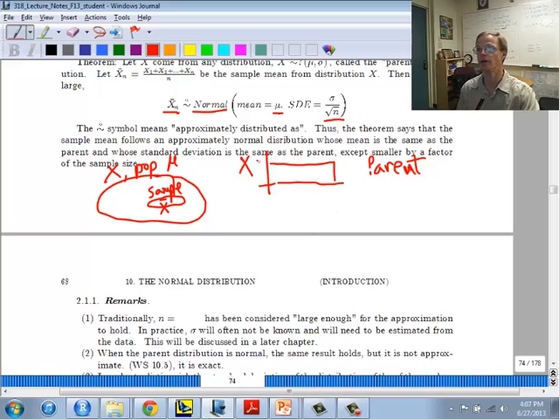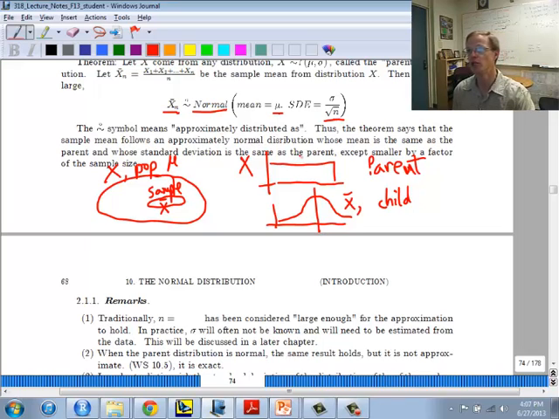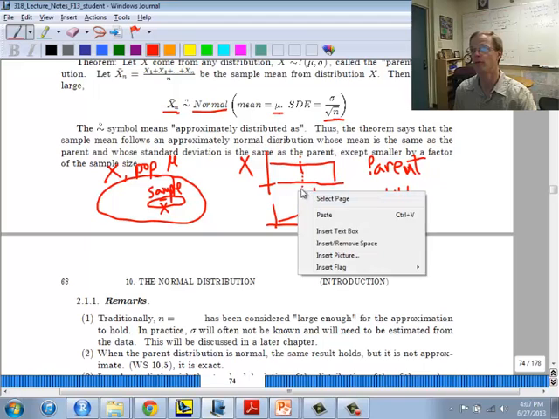Now the child of this distribution, when I look at its means, goes to a normal, x bar. This is the child. And we saw that in the distribution. This parent here has a true mean of 3.5.